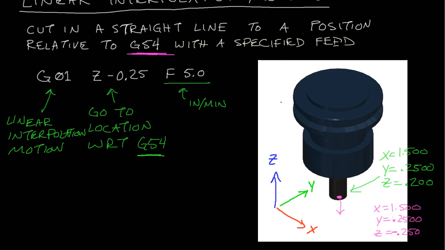So you can see that with this code, the X and Y position stays the same, and really only the Z changes because you've only told the tool to change to a different location. All right, let's take a look at another example.